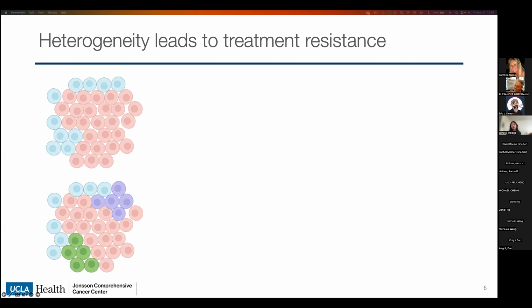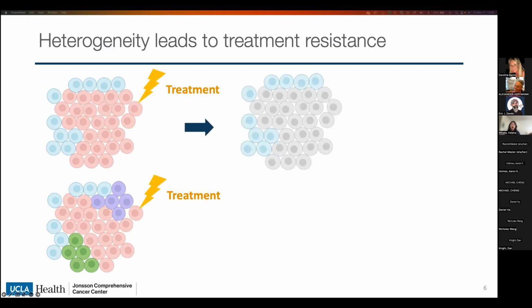As an example, if we have two tumors, one with only one clone versus another one with 3 clones. Here, a clone is defined as a group of cells derived from a single common ancestor, typically characterized by shared genetic mutations. When you apply the same treatment to these two tumors, in tumor number 1, where the population is relatively homogeneous, the treatment is effective in killing all the cancer cell populations.